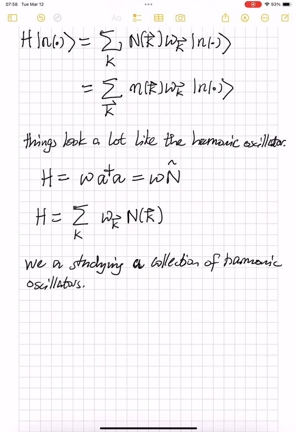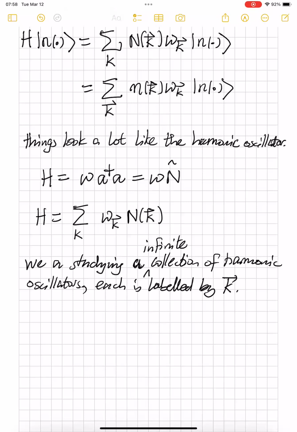Actually, it is an infinite collection of harmonic oscillators. Each is labeled by K. So you should think about the momentum K as a label for a harmonic oscillator. There's an infinite number of values of K, so there's an infinite number of oscillators in our collection.